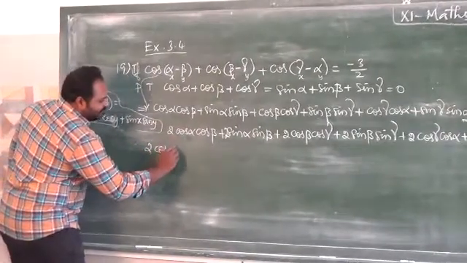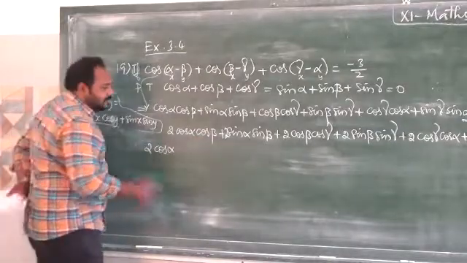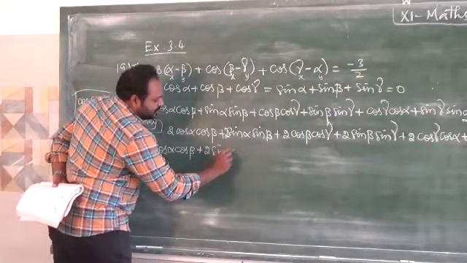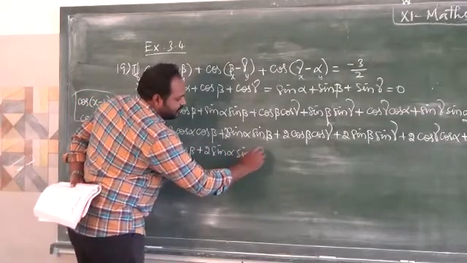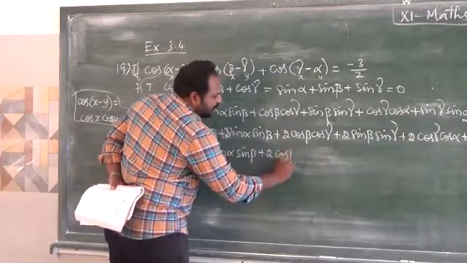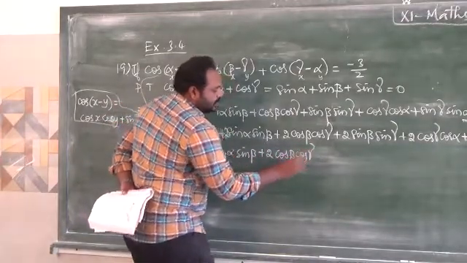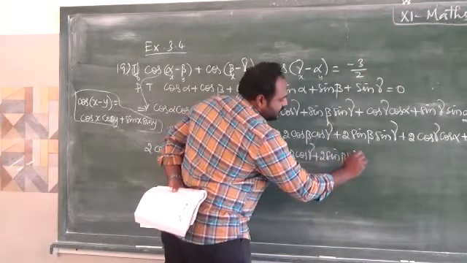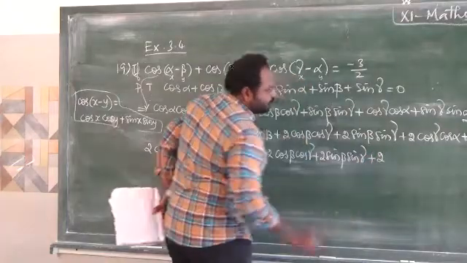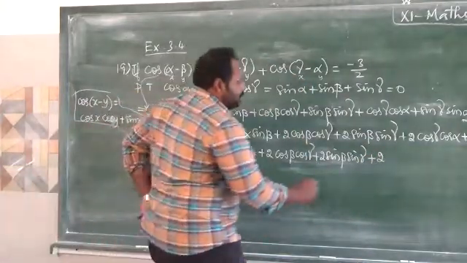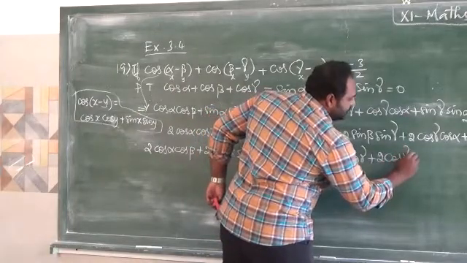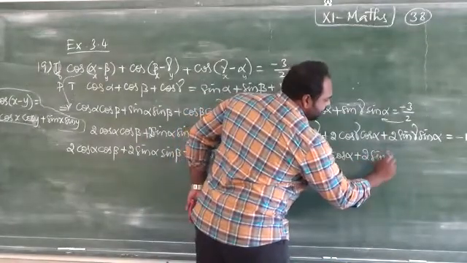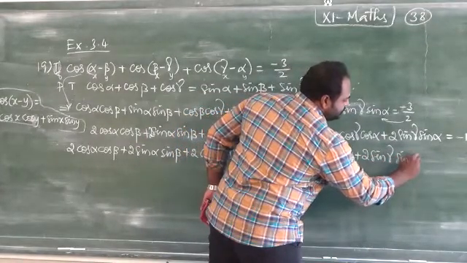Once again, I am going to write the left hand side as it is: 2 cos alpha cos beta plus 2 sin alpha sin beta plus 2 cos beta cos gamma plus 2 sin beta sin gamma plus 2 cos gamma cos alpha plus 2 sin gamma sin alpha.